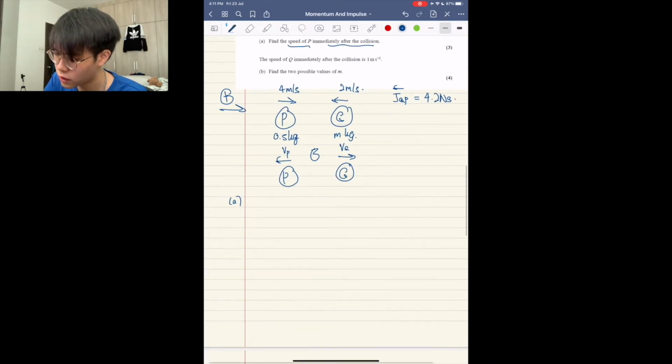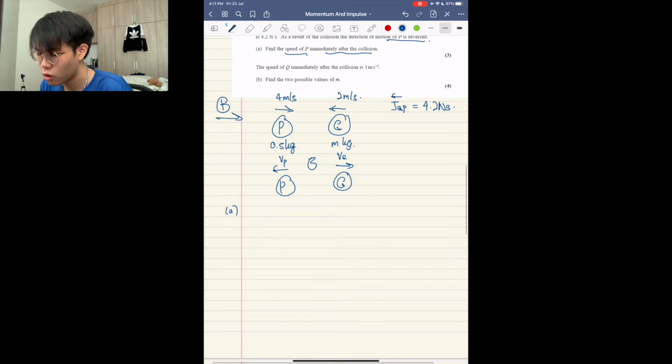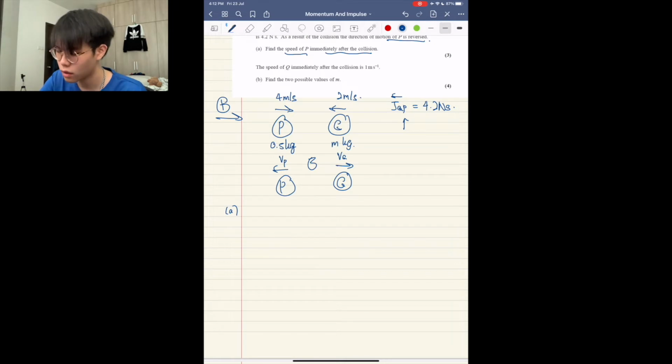It's obvious that we can't use conservation of momentum because we have two unknowns and only one equation, which is impossible. But we can use this information, which is the impulse.